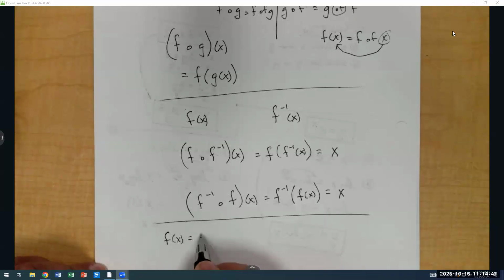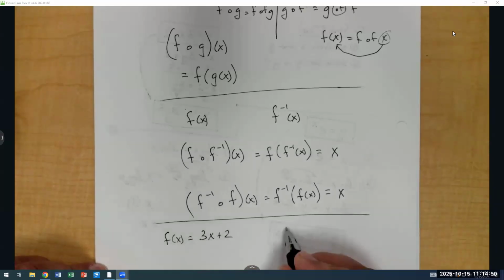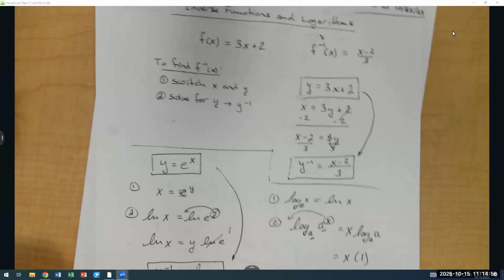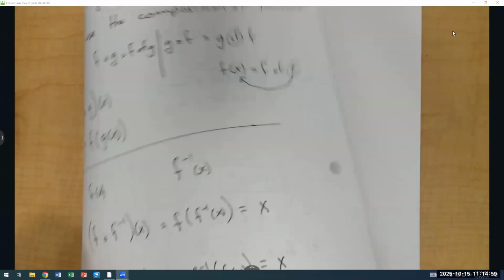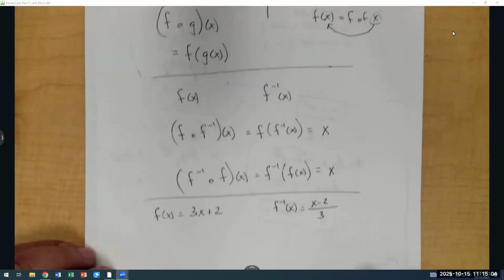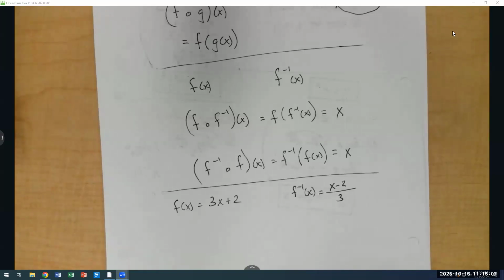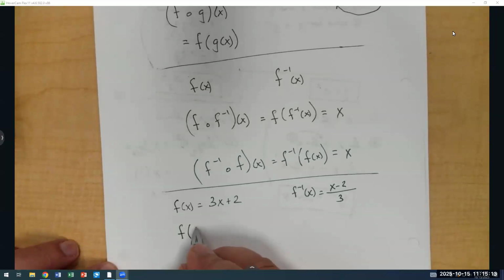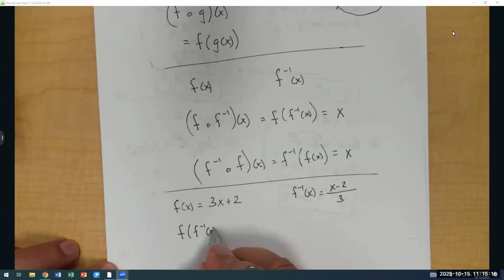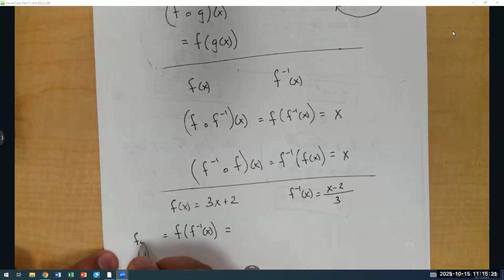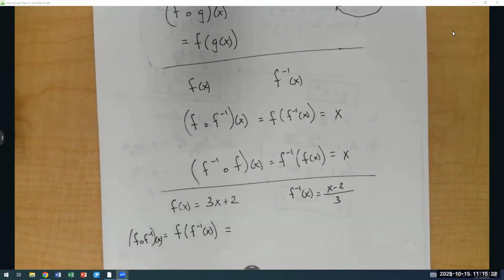If f of x was 3x plus 2, the inverse we figured out was x minus 2 over 3. So the f of f inverse.